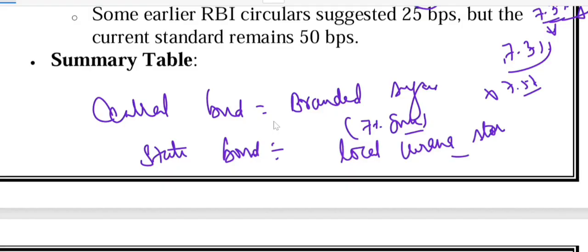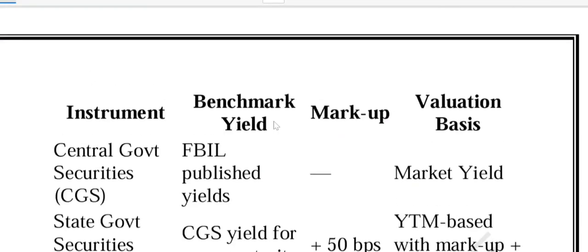Let's recapitulate what we have covered so far in this session. In this question, I told you that a state bond yield equals the central government bond yield plus 0.5% always. Remember it. Second, the source is FBIL's published central government yield.